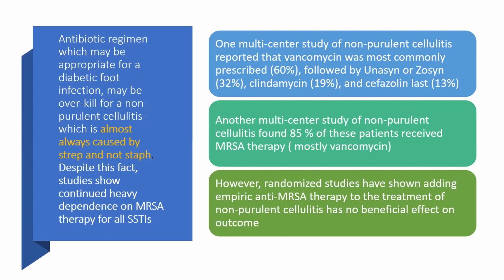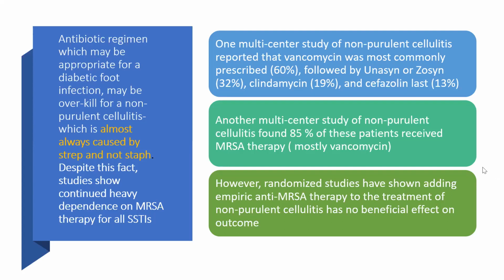Bactrim covers about 98% of MRSA. They wanted to know if, even though it looks like non-purulent cellulitis, a patient benefits from anti-MRSA coverage. And as we'd expect, there was no difference in outcome. So again, if you don't see purulence in the cellulitis case, do we really need to add vancomycin? The studies would suggest that we don't, because almost always it's a strep infection.